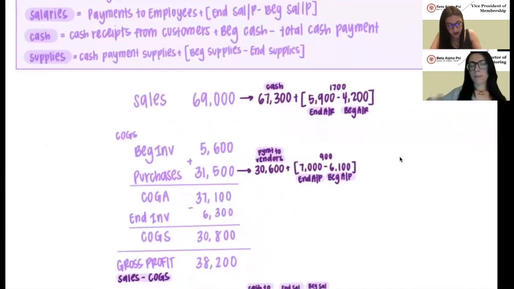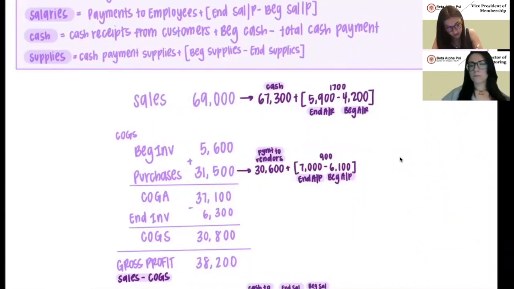So if our ending accounts payable is one amount and our beginning is another amount, if our AP has increased during the year, then that means we've bought stuff, but we haven't actually paid cash for it. So on a cash basis, we're only going to report what we actually paid with cash, but on an accrual basis, we also have to take into account how much our AP has increased during the year.